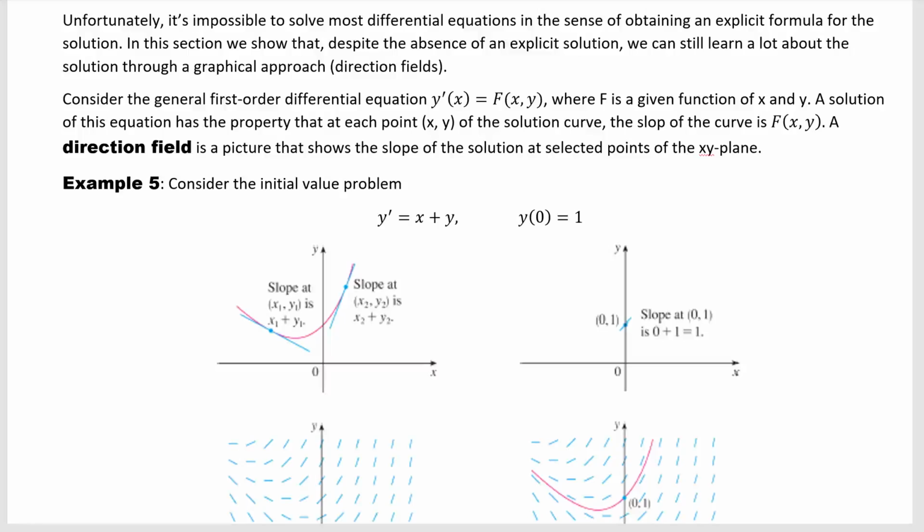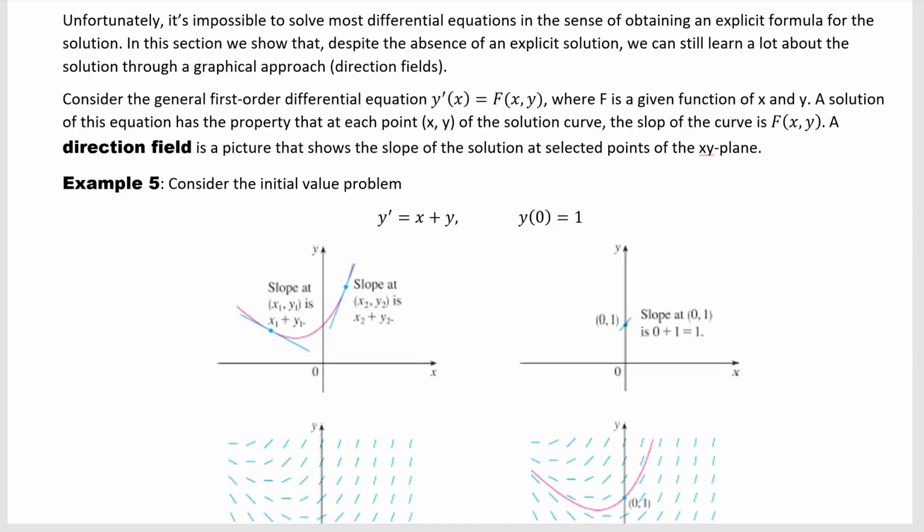So in this session, we will show that despite the absence of an explicit solution, we can still learn a lot about the solution through a graphical approach, which is the direction field. Sometimes we also call it a slope field.